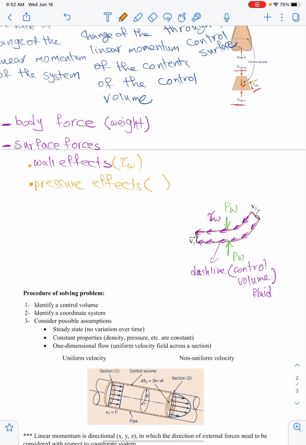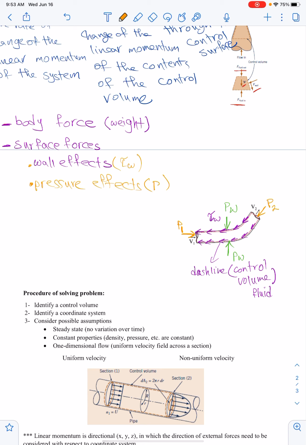If we look at the surface of our control volume at the end and at the beginning of the pipe, we have P1 right here, and also we have P2 right here.